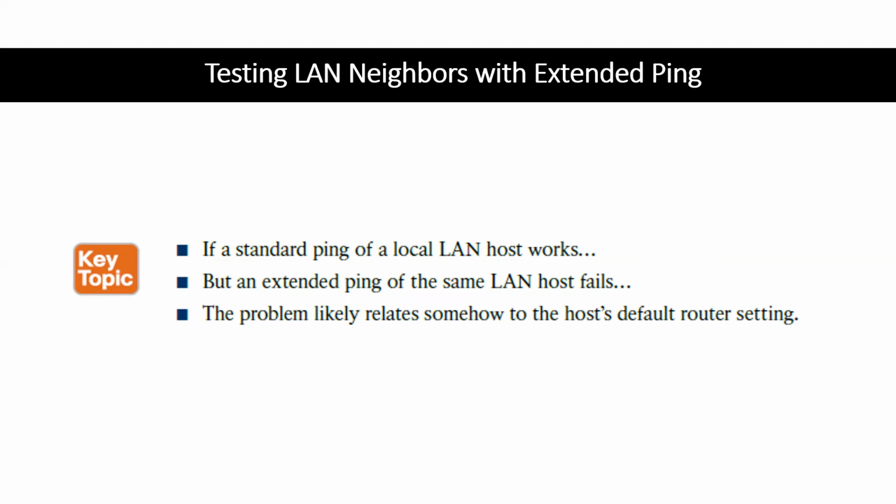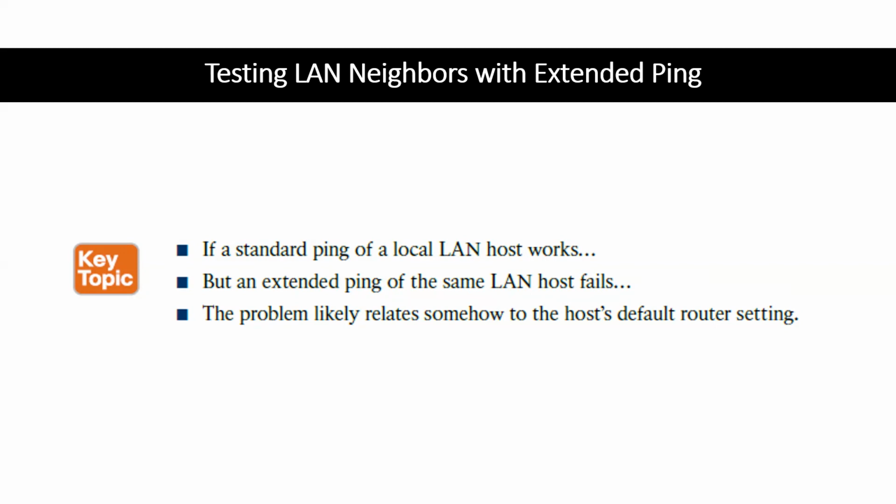So if I have my PC, PCA, and the engineer has his PC, PCB, we're on the same local area network. He can reach me because we have configured the same IP subnet. But he's trying to do an extended ping. An extended ping is a little bit more extensive.